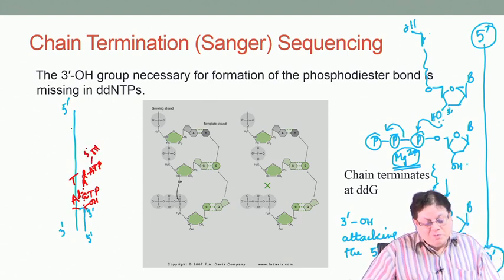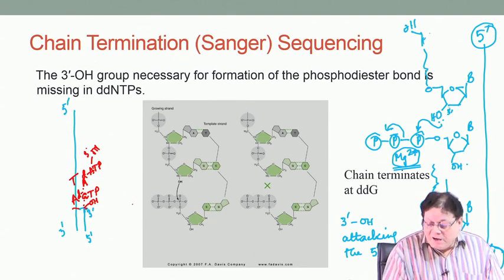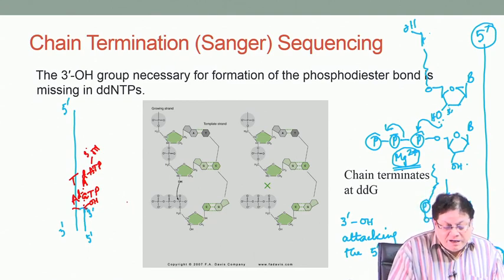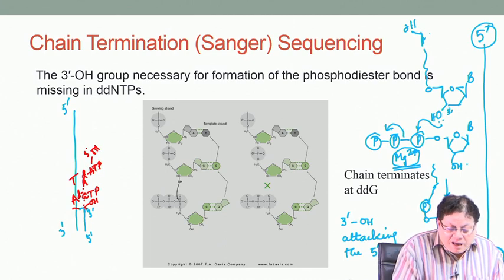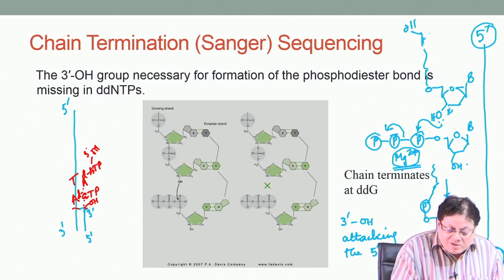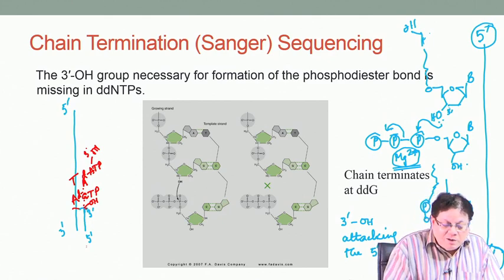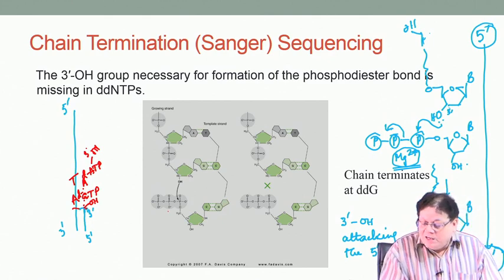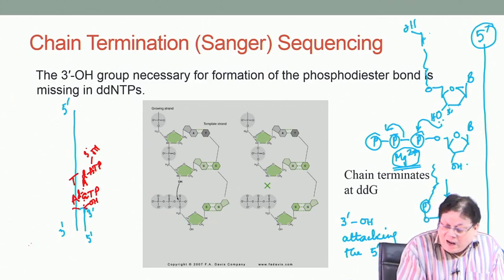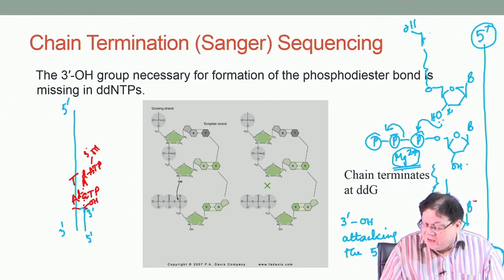the 5 prime triphosphate. Now, Sanger cleverly did one thing. He took all these deoxy triphosphates, that is all right, that will increase the chain, but along with that he had put the dideoxy. I said this is the dideoxy.